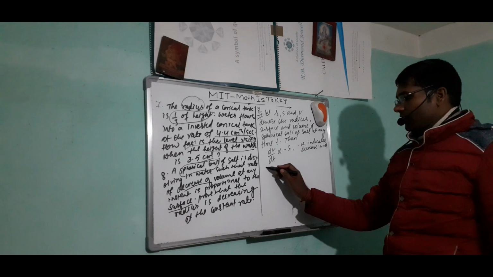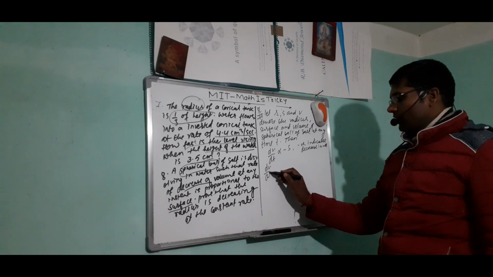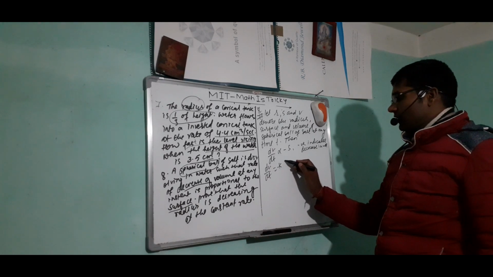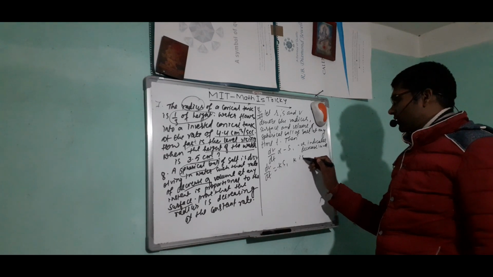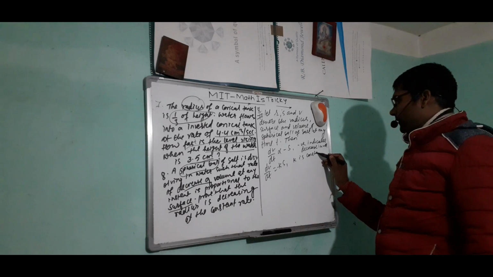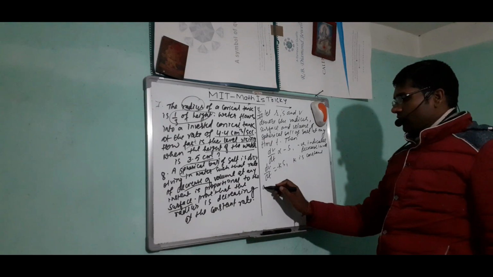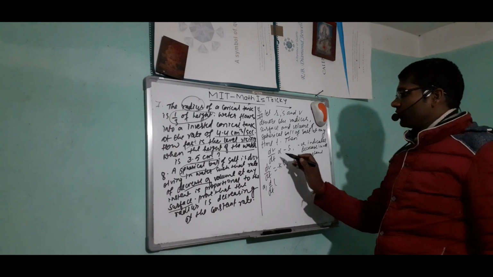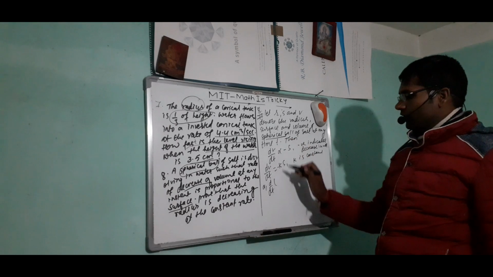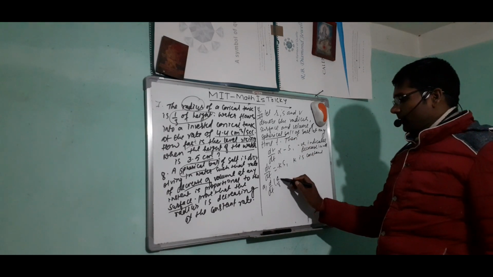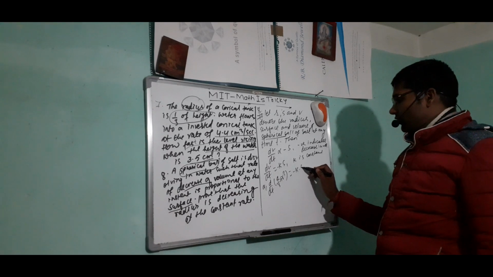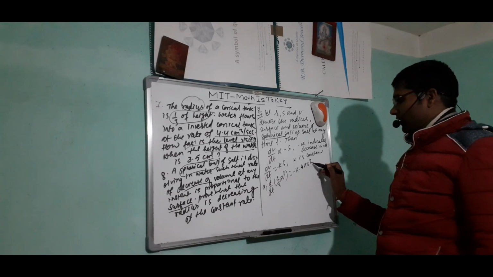We can write dv by dt equals some constant times, yes, k is constant. Now use the formula. So d by dt of the volume of a sphere, 4 by 3 pi r cube, equals minus k into 4 pi r square, that is the surface area.